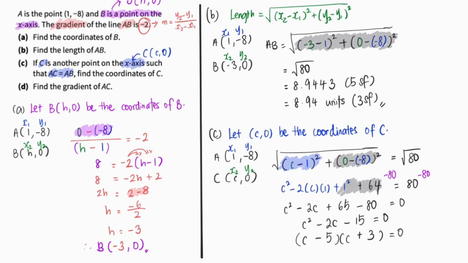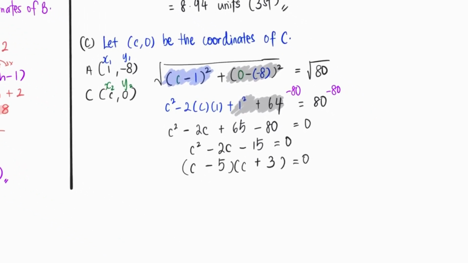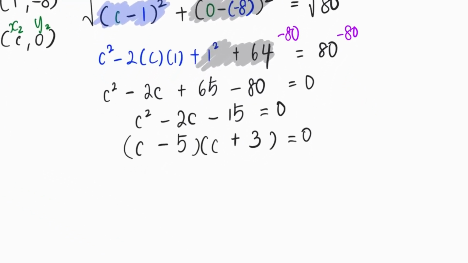Let me create some space, okay? For part C, C minus 5 equals to 0, or C plus 3 equals to 0. I will get C equals to 5, or C equals to -3.